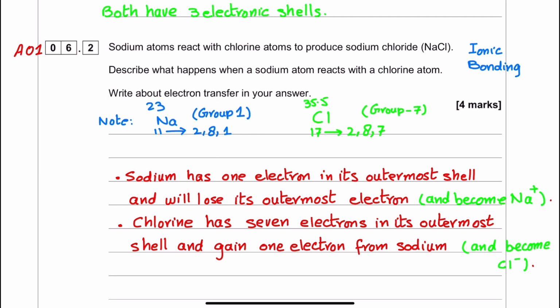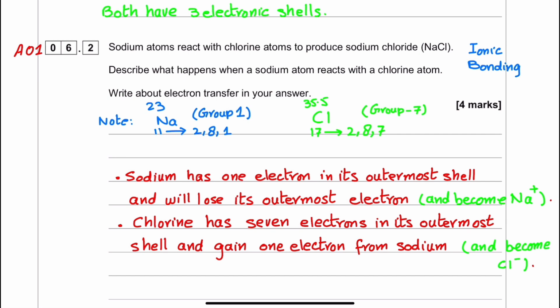Chlorine has atomic number 17, mass number 35.5, and belongs to group number 7. So the electronic configuration is 2, 8 and 7. 2 in the first shell, 8 electrons in the second shell, and 7 electrons in the third shell.